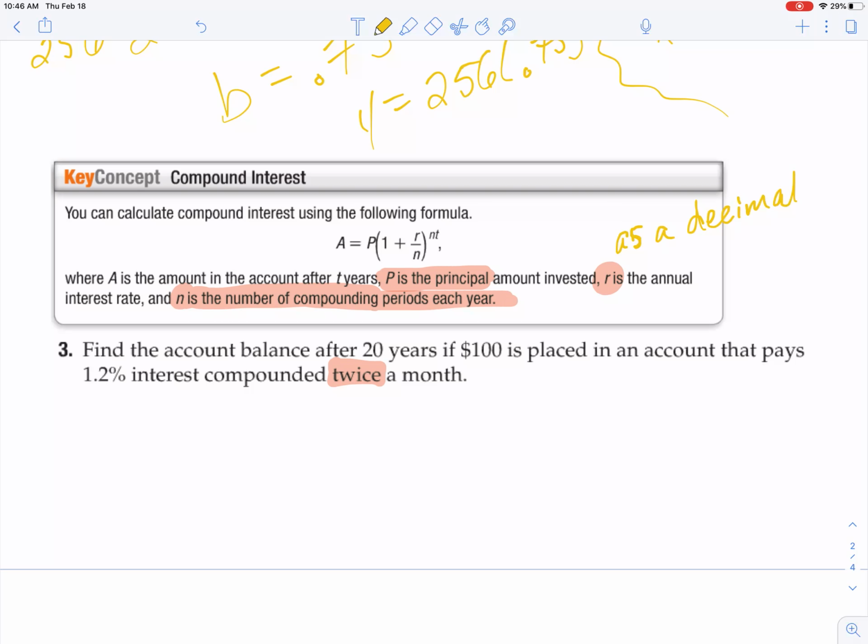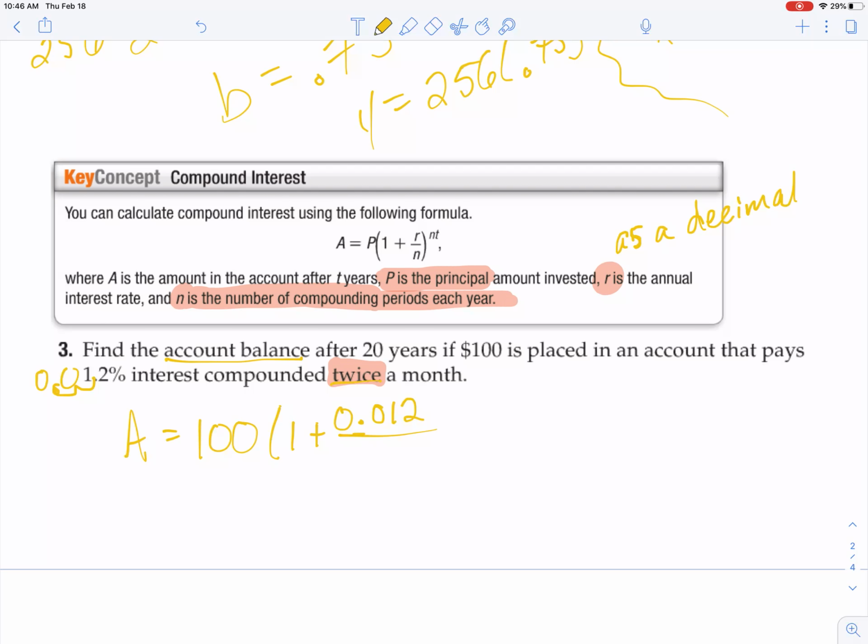Basically, you just get to plug information in. So find the account balance. That means find A. So I don't know what A is. P is the initial amount, so $100. Parentheses, 1 plus R as a decimal, so you need to move the decimal point over 2 places, 0.012, and divide that by the number of compounding periods.